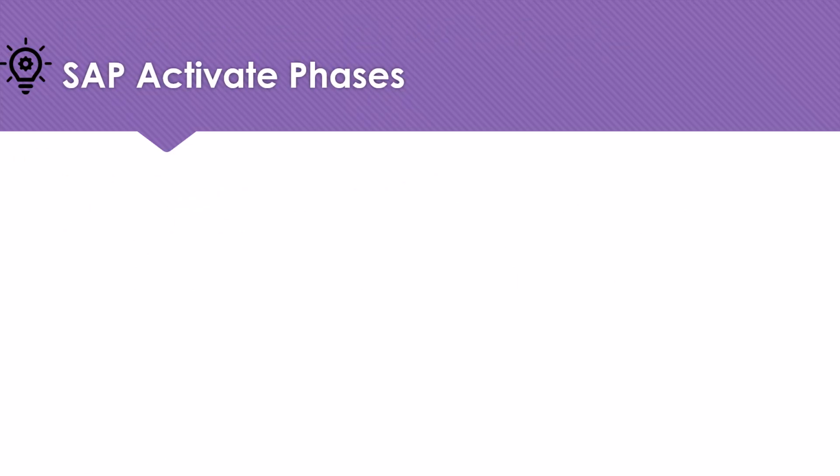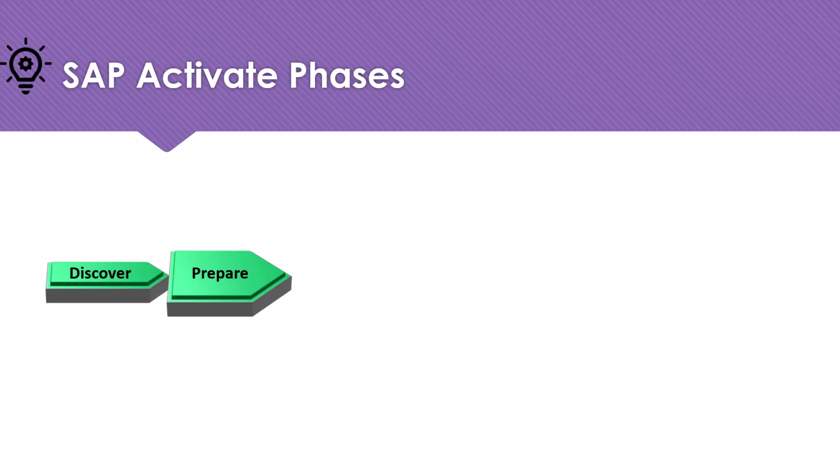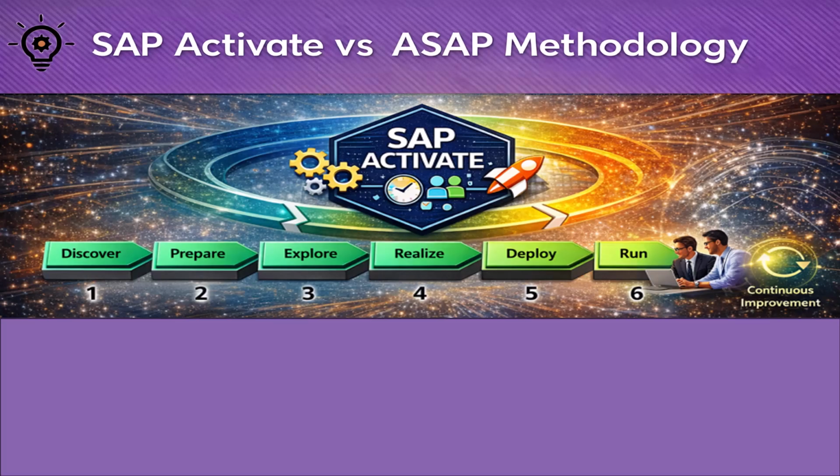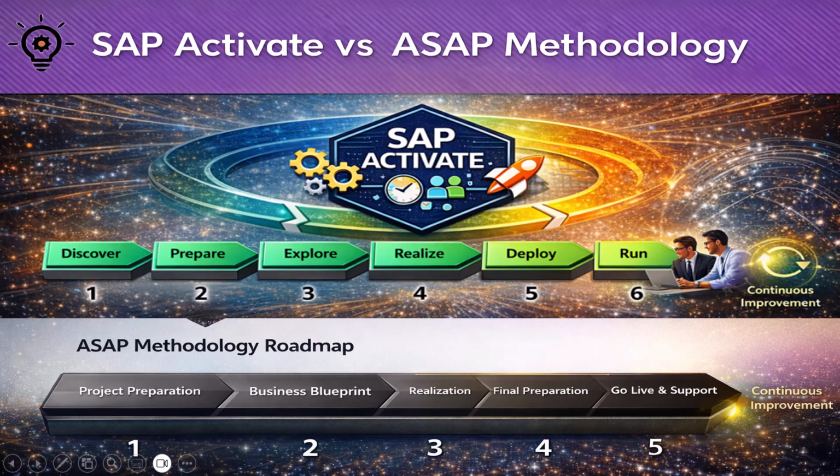Next, SAP Activate consists of six phases: discover, prepare, explore, realize, deploy, and run. SAP Activate methodology is a successor of ASAP methodology, that is the abbreviation of Accelerated SAP, which was used for SAP ECC implementation projects, that is the business suite before SAP S/4HANA version.